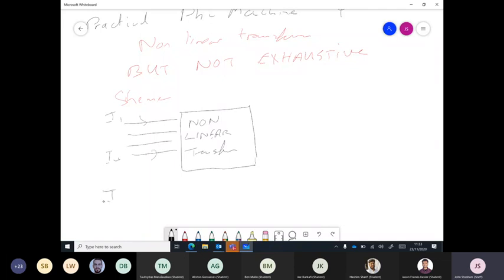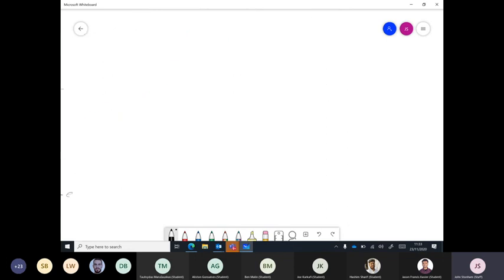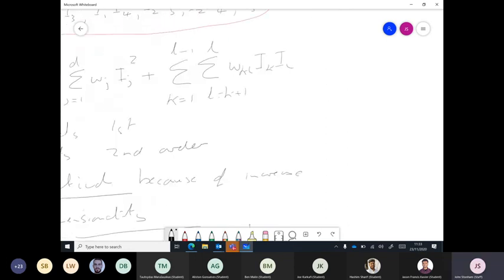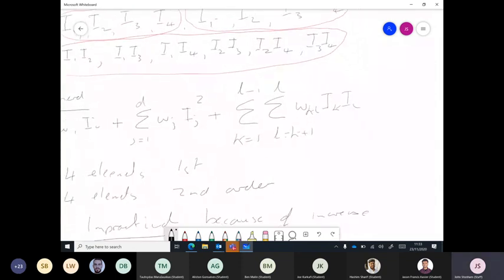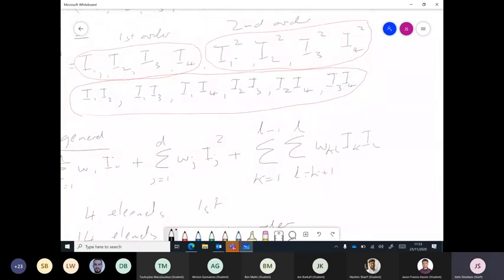This is your input vector I. Now, the nonlinear transform is something that you choose, and it's trial and error. Try a few nonlinear terms out of the list. Of these 14 terms here, choose a few of them.